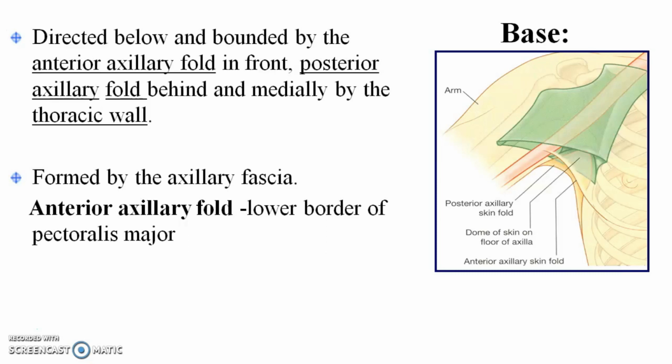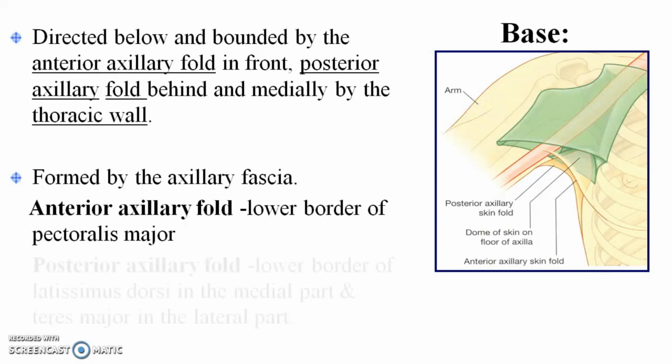Same thing we are going to see now: the anterior axillary fold is formed mainly by the lower border of the pectoralis major. The lower part of the pectoralis major is going to twist and then get inserted. The twisted lower border of the pectoralis major forms the anterior axillary fold in the base of the axilla.